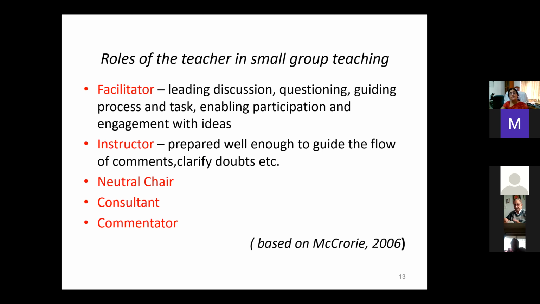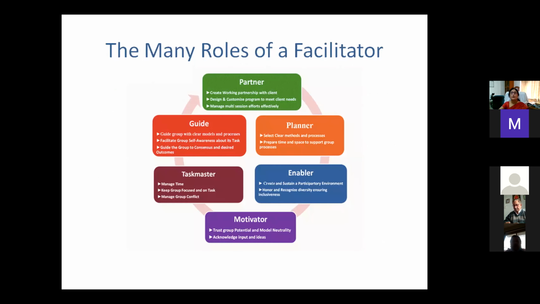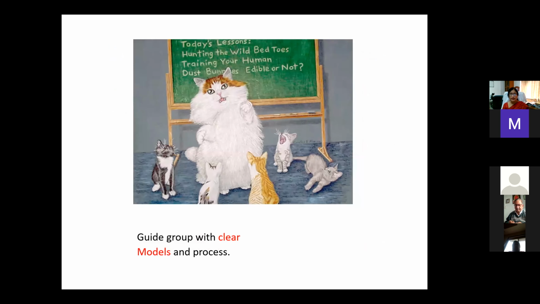As a facilitator, again, we have to have so many different roles. Many times you have to act as a partner, as a planner, as an enabler, as a motivator. Again, this is a very important aspect, as a taskmaster and as a guide. So how should one guide? We have to guide that group with clear models and process.